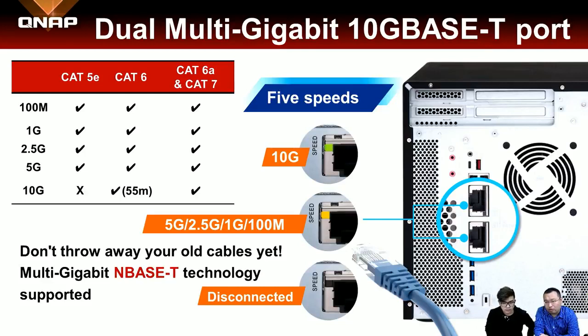And also, if you built your own gaming PC, many of the gaming motherboards all have a built-in 5G or 10G port already. You can also do a direct connection with the NAS. Okay, so you can instantly create a very high-speed connection with the built-in 10G port on this device.